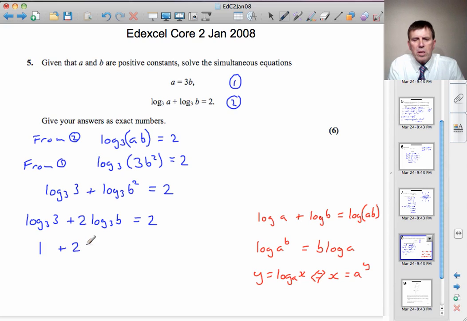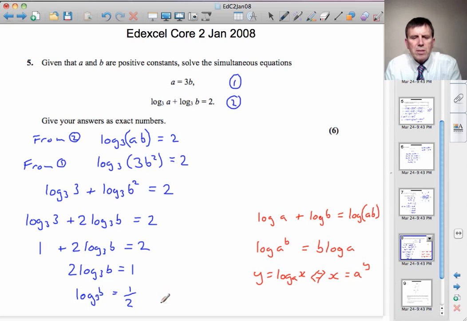Plus 2 log b is equal to 2. So we can now say that 2 log b, taking the 1 to the other side, 2 minus 1 is 1. So log b to the base 3 is a half when I divide through by 2.